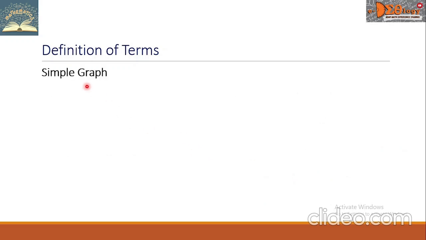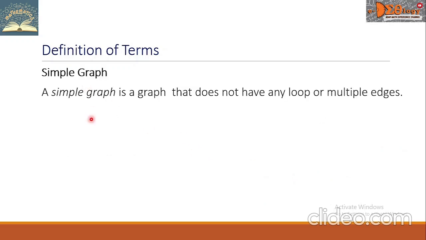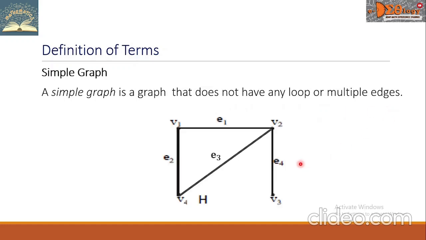Next term is simple graph. A simple graph is a graph that does not have any loop or multiple edges. This is an example of a simple graph. There is no loop or multiple edges in this graph. Next term is endpoints.